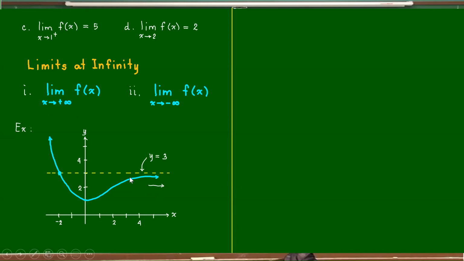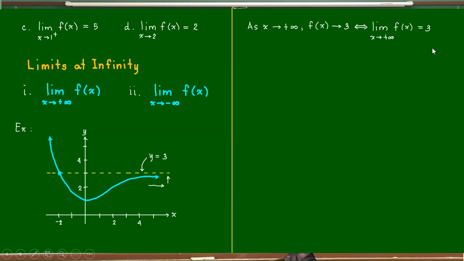That is the limiting height, which is equal to 3. So we say that as x approaches positive infinity, f of x approaches 3. Equivalently, the limit of f of x as x approaches positive infinity is equal to 3.